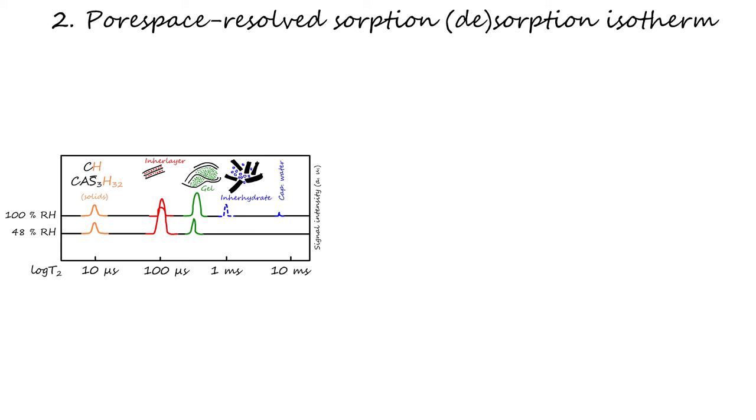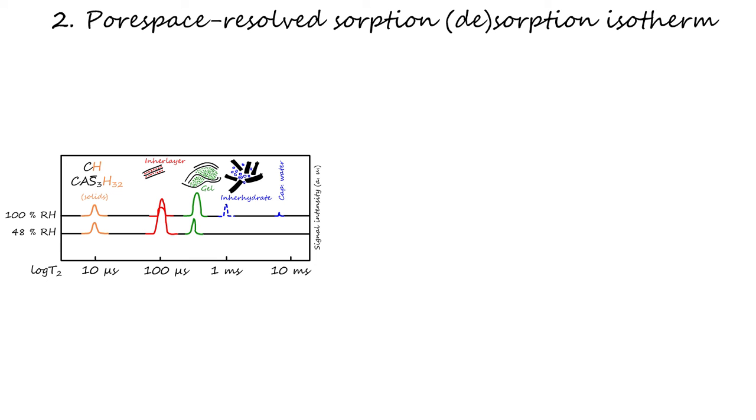Second, the interlayer peak gains intensity but remains at the same relaxation time. Third, the gel pore peak shrinks in height and width and moves towards shorter relaxation time. And fourth, the two peaks for water in larger cavities have totally disappeared.